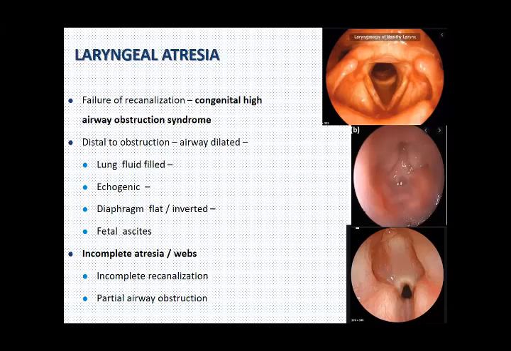Now when the lungs dilate and are filled with fluid, the diaphragm, which you have studied, normally has a shape that is convex upwards. When the lungs are fluid filled and enlarge, the diaphragm either becomes flat or becomes inverted, that is, convex downwards.